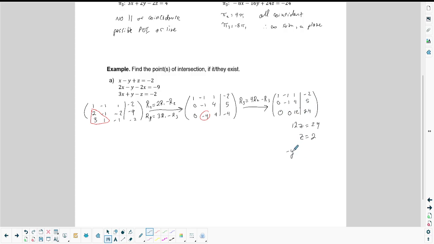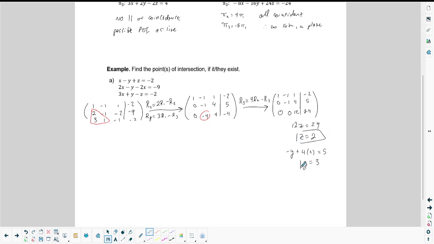This is that -1, so -y, plus 4z, but z is 2, equals 5. So plugging my z in here and rewriting the second line, that's going to be 8. 5 minus 8 is -3, but bring that negative over. y equals +3.